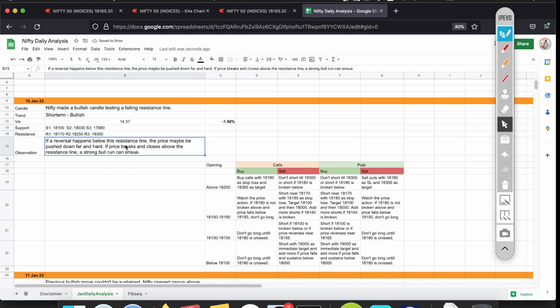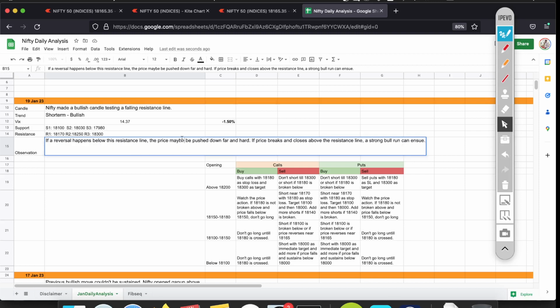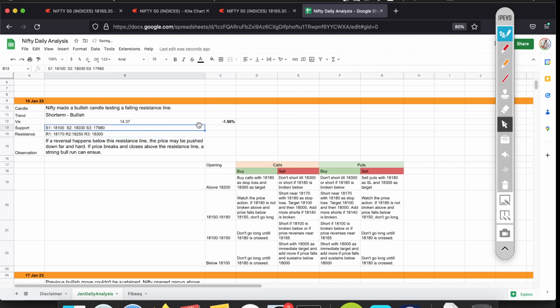So if a reversal happens below the falling resistance line, the price may be pushed down far and hard. If price breaks and closes above the resistance line, a strong bull run can ensue. That's what we can conclude.